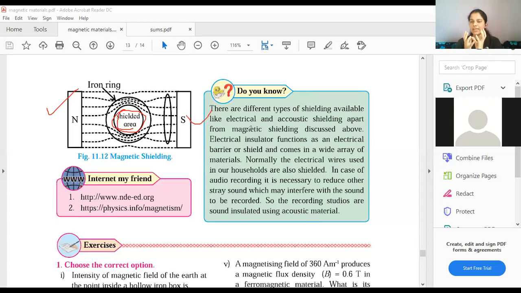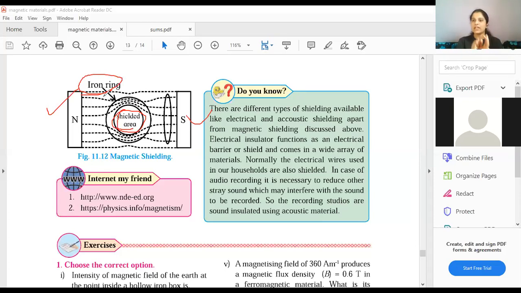Okay, so if there is any material which you want to protect from the external magnetic field, what we can do is place an iron ring around that material. See, I have kept a material. This mostly happens in laboratories.